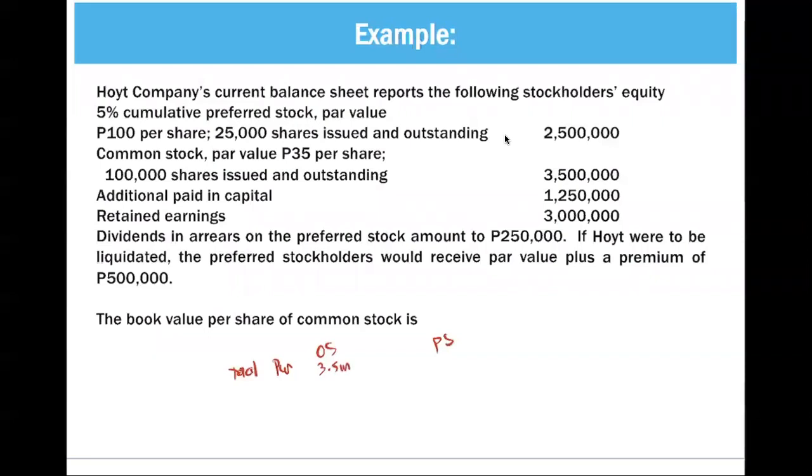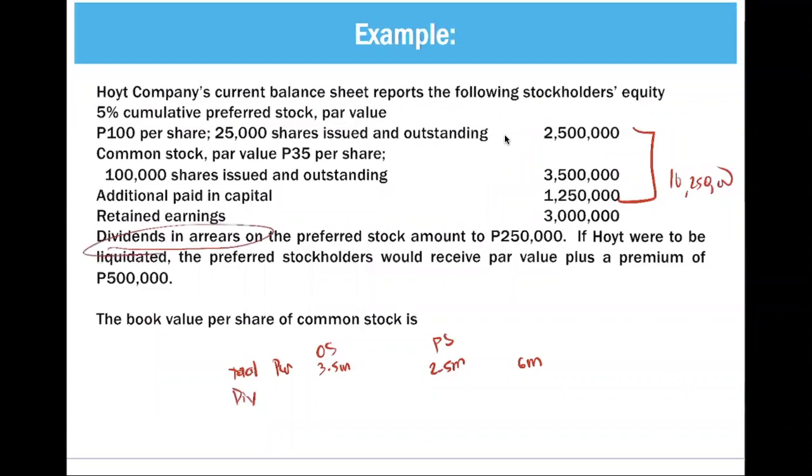For your PS, 2.5. So this is 6 million. So the total SHE is equal to 2.5 plus 3.5 plus 1,250,000 plus 3 million. So this is 10,250,000.